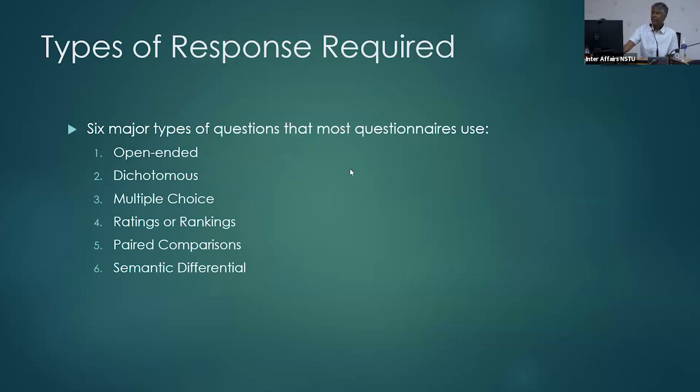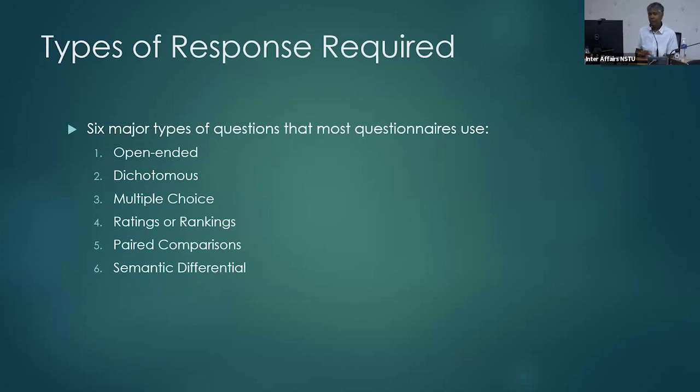So there are 6 major types of questions that most questionnaires use: open-ended, dichotomous, multiple choice, ratings or ranking, paired comparisons, or semantic differentials. I'm going to give you examples of each of these. With some standardized measurement instruments, you really don't need to think about this as much, because the way that the participant responds to the question has already been established.